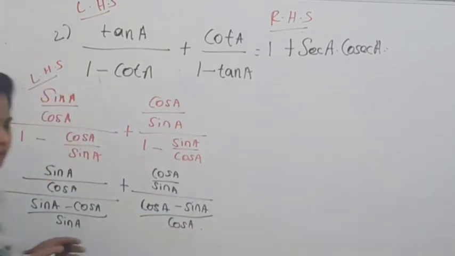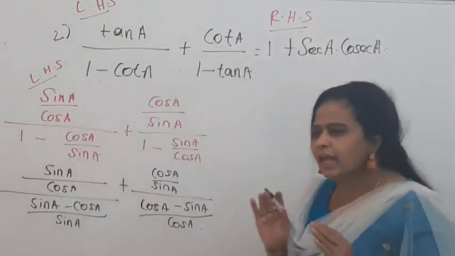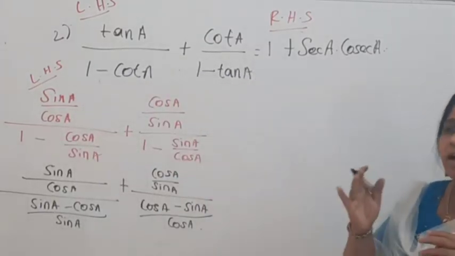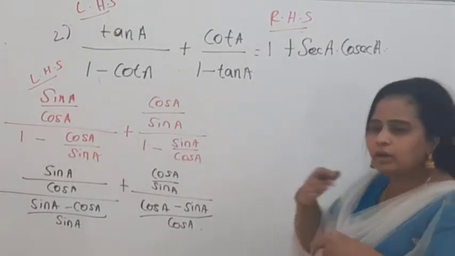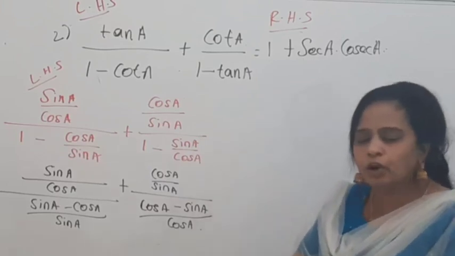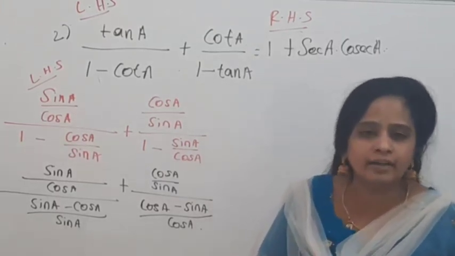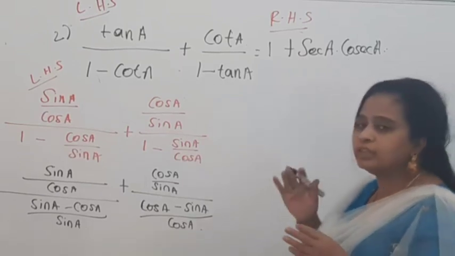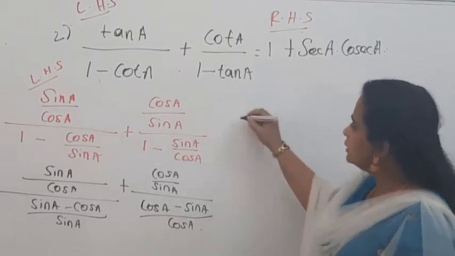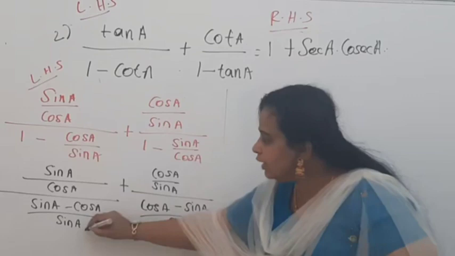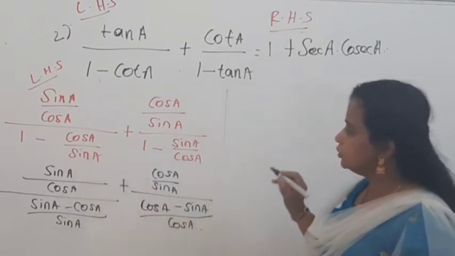Now I am doing the same formula, the same procedure we are going to use multiple times. So you will not find proving the identities tougher or harder at all if you follow these steps. So now the sine A goes to the top, cos A goes to the top.